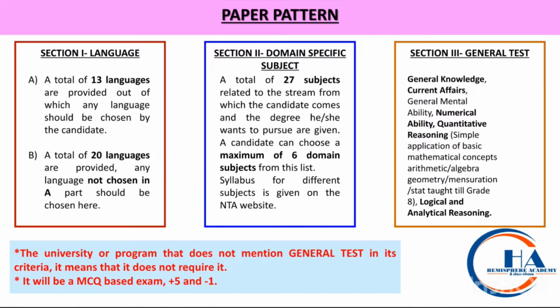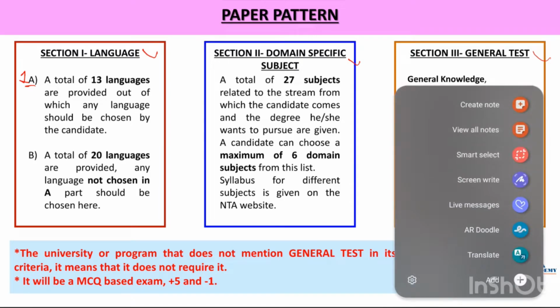So let's move forward. Now we will talk about the paper pattern. So the paper will consist of 3 sections. Section 1 language, section 2 domain specific subjects, and section 3 the hero of the story, our general test. So first section, which is the language part, it's 1A and 1B.